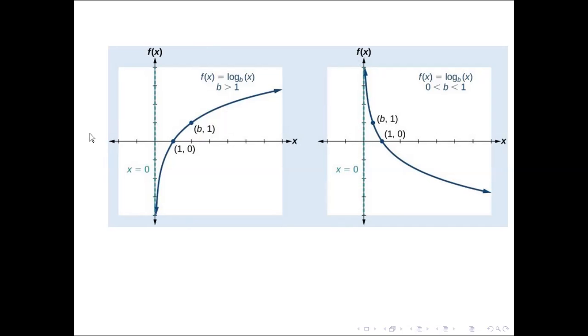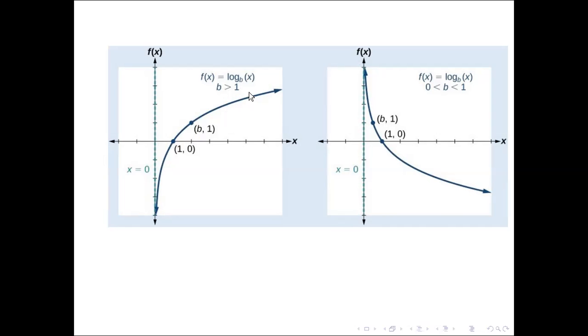If you still remember the graph a while ago of 2 to the x. It increases and grows without bounds. And if you try to reflect that with respect to the line, as I will show later with a particular example, you will get the graph of the corresponding logarithmic function. And this happens when the base b is greater than 1.